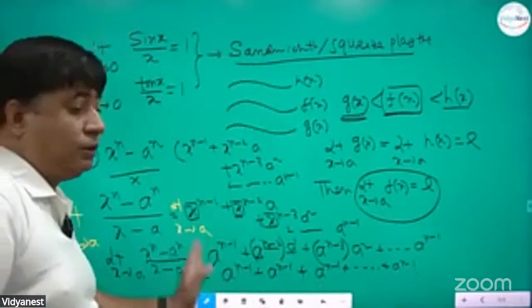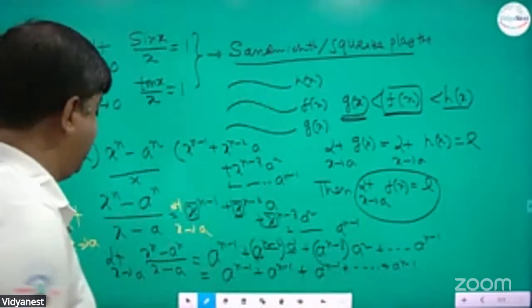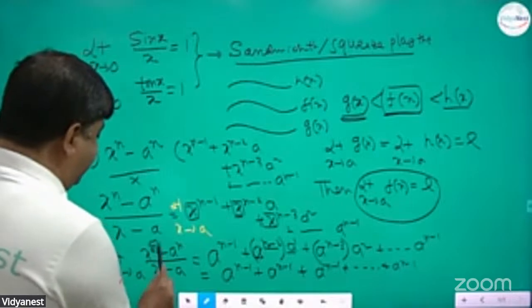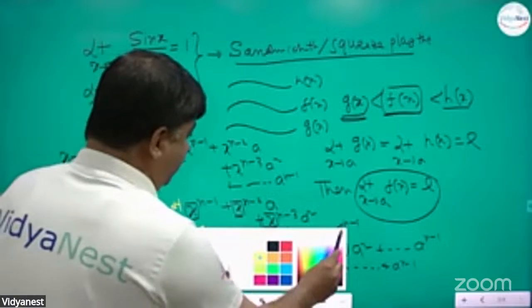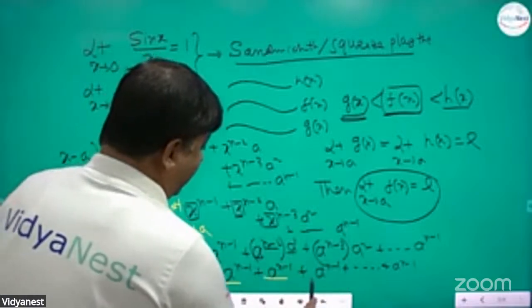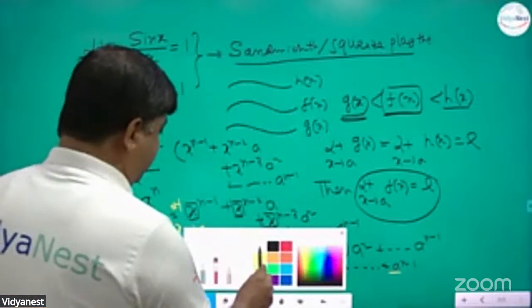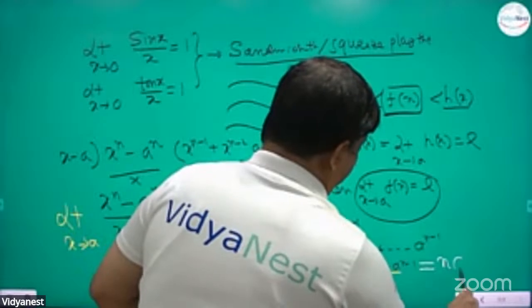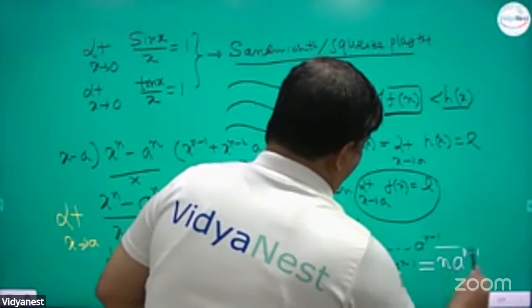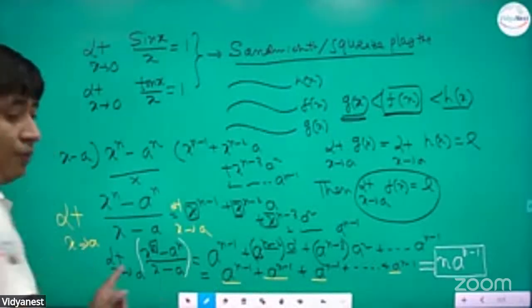So, a^(n-1) recurs how many times? n times, because the power is n. So this value will recur n times, so I can write n a^(n-1). So this thing results what?